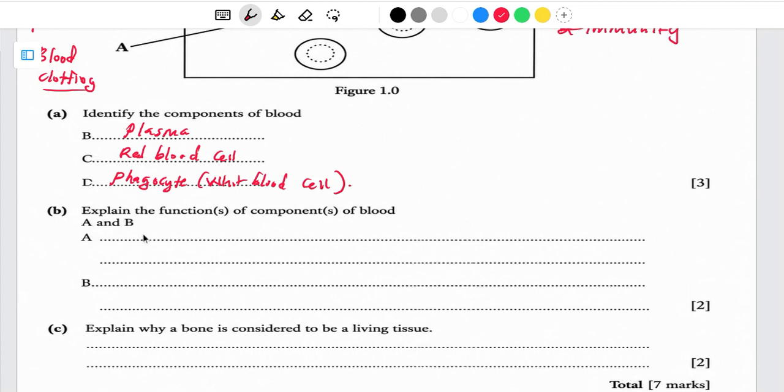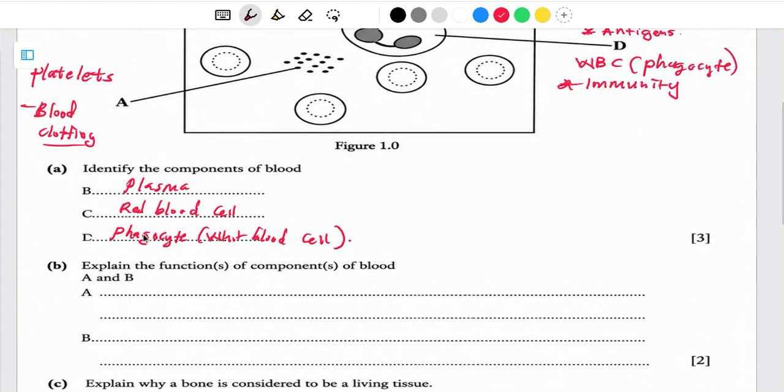Then question B is asking us to explain the function of components of blood A and B. For A, we have said it is platelet, then B is plasma. So what is the function of A, which is the platelet? We can just say it is involved in blood clotting.